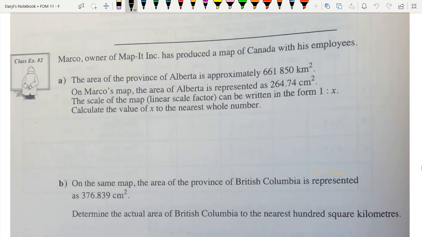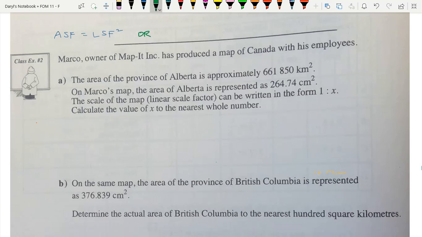So this is example number 2 of lesson 3. Lesson 3 is talking about area scale factor. And just a quick review, area scale factor is just equivalent to the square of your linear scale factor, or from this expression here, area scale factor is equivalent to the linear scale factor squared.